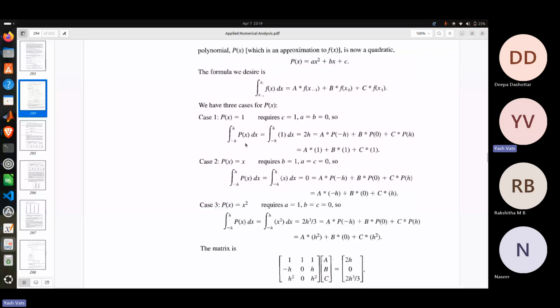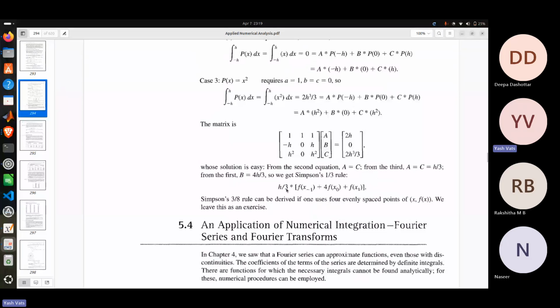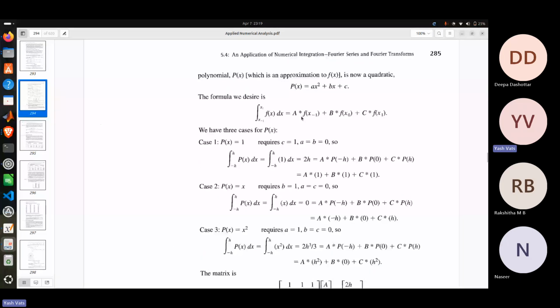If p(x) is 1, then you have these values a, b, c to be prescribed, and then you find the value of the integral from minus h to 2h of p(x) dx. Then you get this as an equation, and you already know the integration. If p(x) is x squared, then you get these values. So ultimately, you are getting the a, b, c values by solving this system of equations or this matrix.